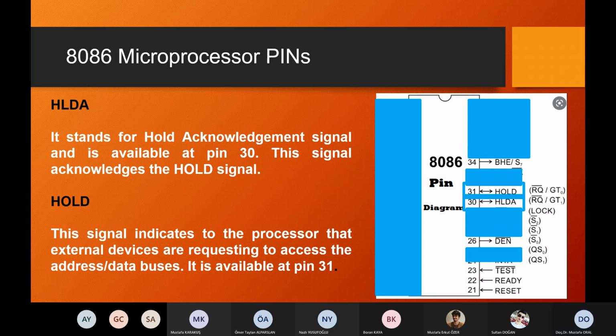Therefore, after sending a hold acknowledge signal, the microprocessor gets into third mode, into high impedance mode. This way, it will mimic as if it is not connected there. By this way, the ownership of the buses passes to the external device, like the direct memory access device.